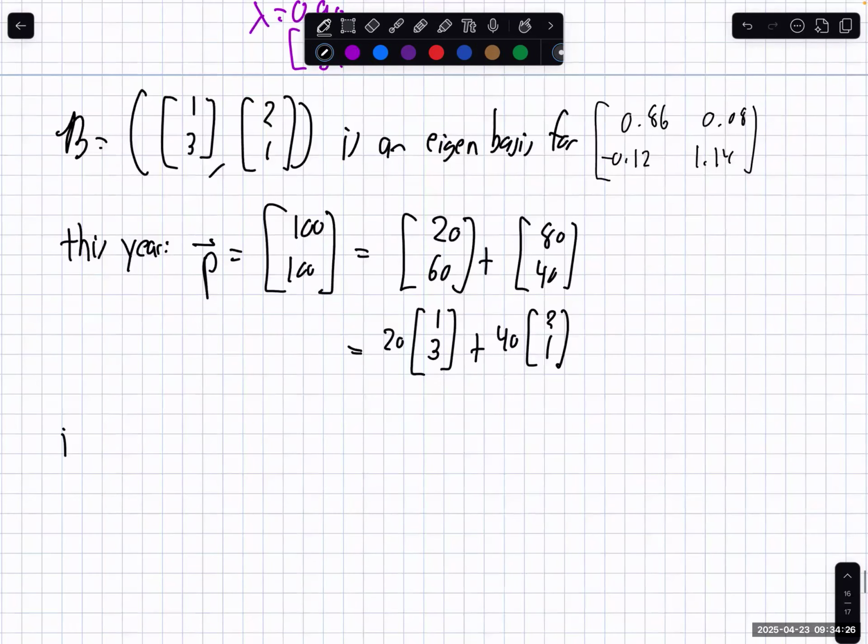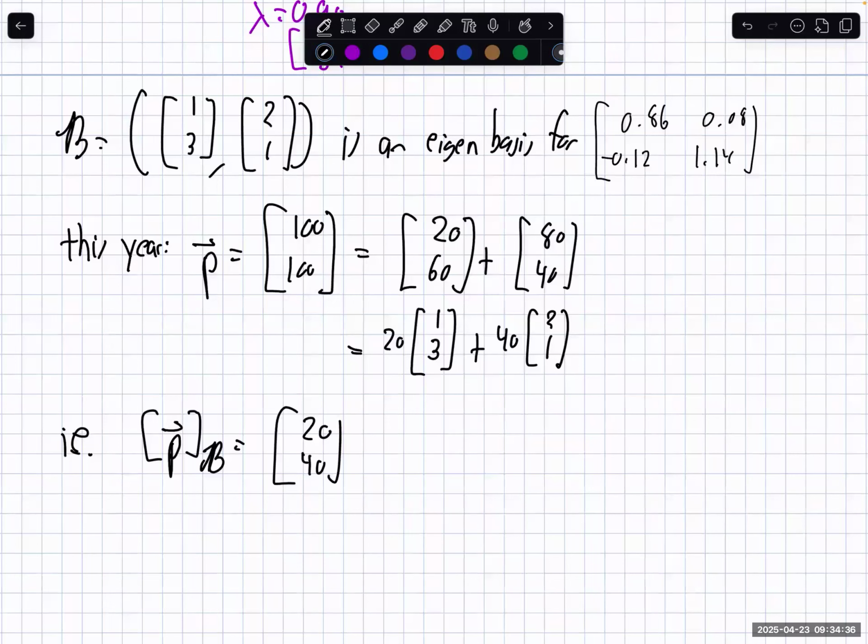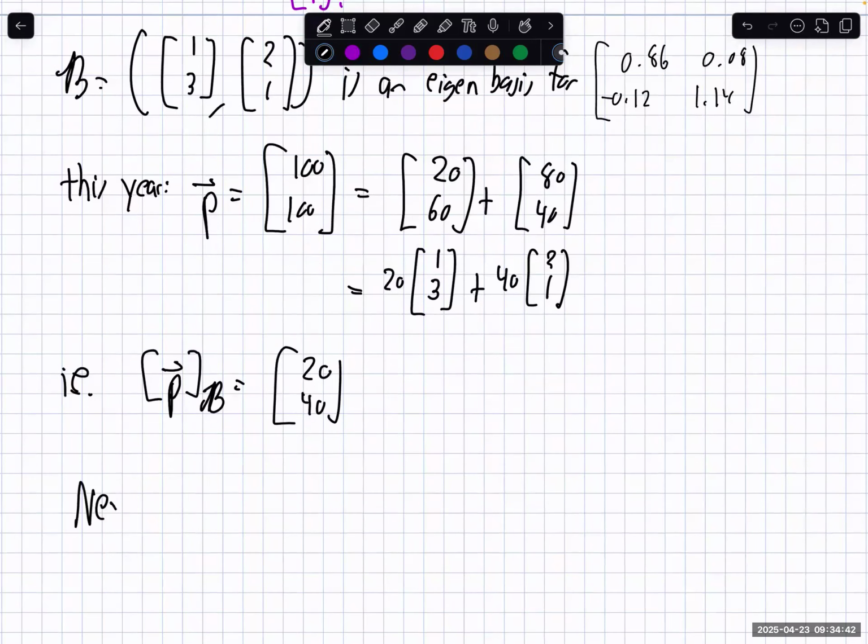So another way to say that is the coordinates of P relative to the basis B are 20, 40.